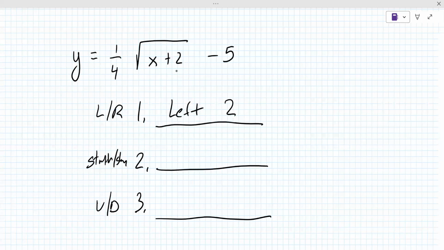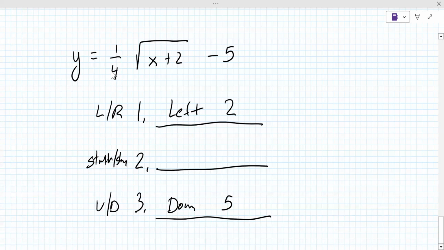Left 2. Okay. That's what L/R means, left or right. Now, up or down comes third. Is this up or down? Down. Down how many? Down 5. Okay, now the middle one, is it a stretch or a shrink? It's based on this number here.